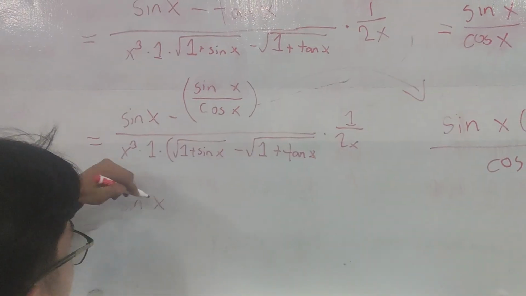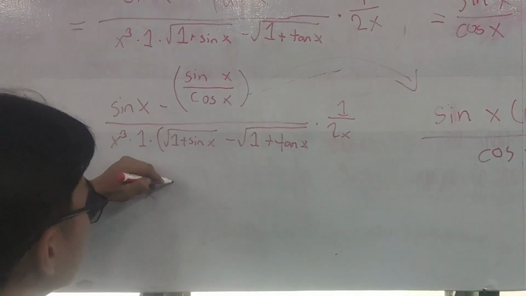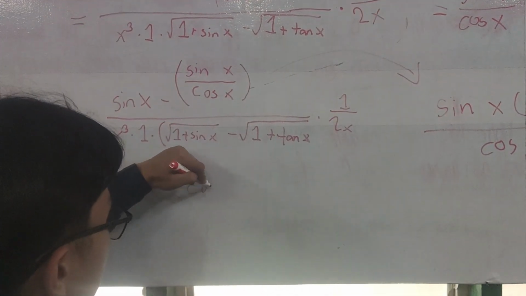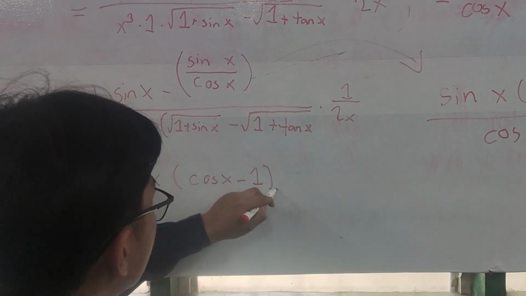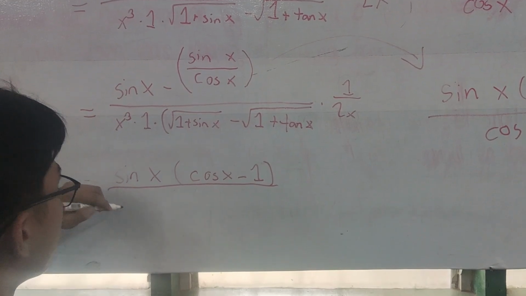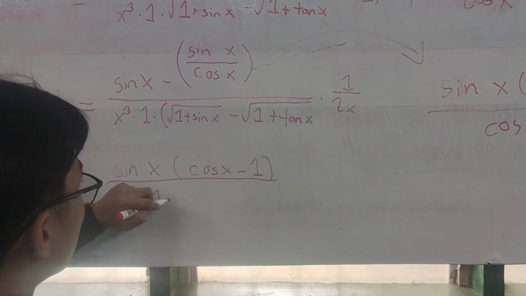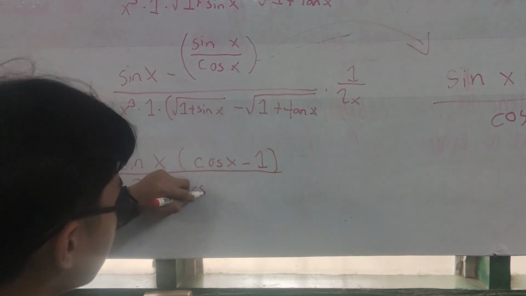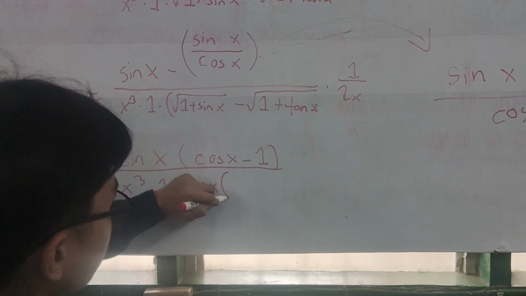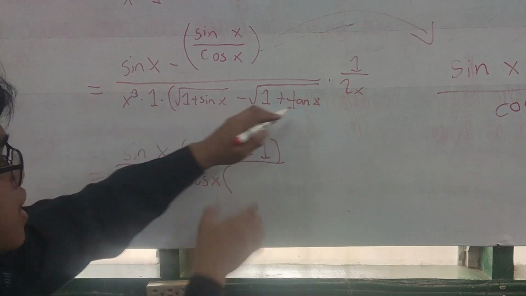Sin x minus sin x times the quantity of cosine x minus 1 over 3 times 1 times cosine x, and then within the quantity, since it's getting replaced, we put this inside.